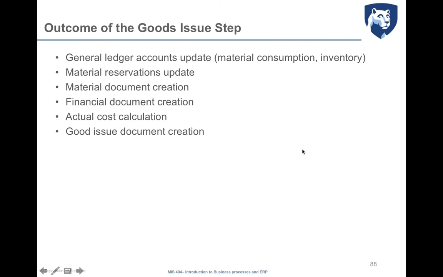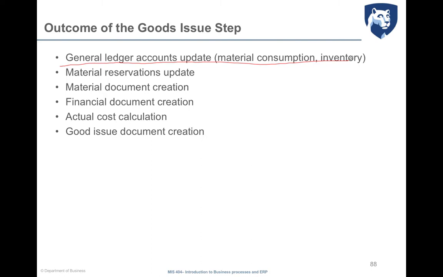There are several impacts of the goods issue step. First of all, the financial impact. The material master is updated to reflect a reduction in the quantity on hand and the inventory value of the material issued. This means that some general ledger accounts will be updated.